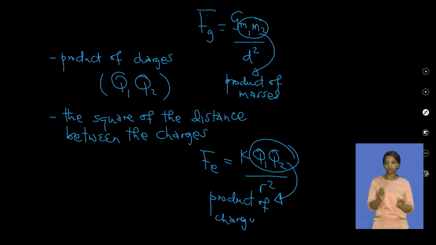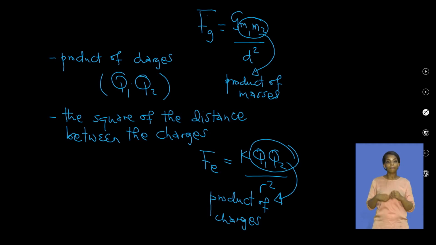So the main difference is that when we talk about universal gravitation, we're talking about the distance between the centers, because the force of attraction is measured from the center of each of those two objects. But here we talk about charges, which is Coulomb's law, while universal gravitation is about the masses of objects.